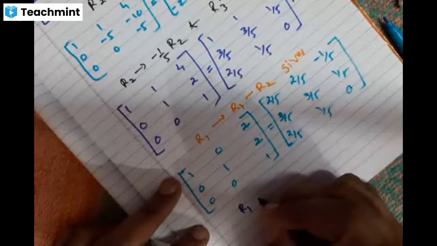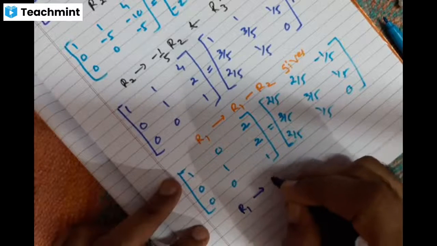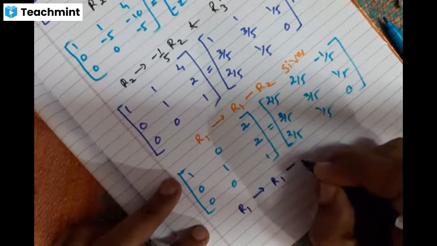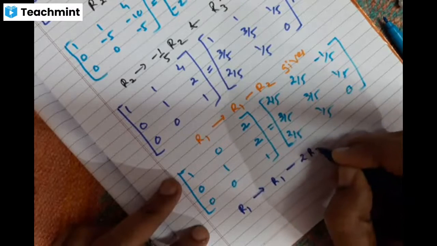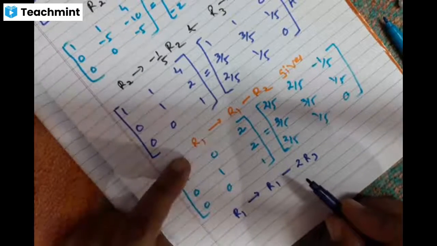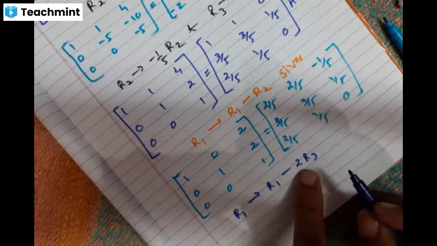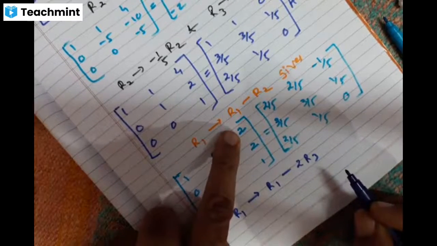So suppose I am taking, let's see what I am doing. R1 goes to R1 minus 2R3. फर्स्ट रो जो है उसमें से थर्ड रो सब्ट्रैक्ट करो, 2 से मल्टीप्लाई करो, तो यहाँ पर 0 आ गया.